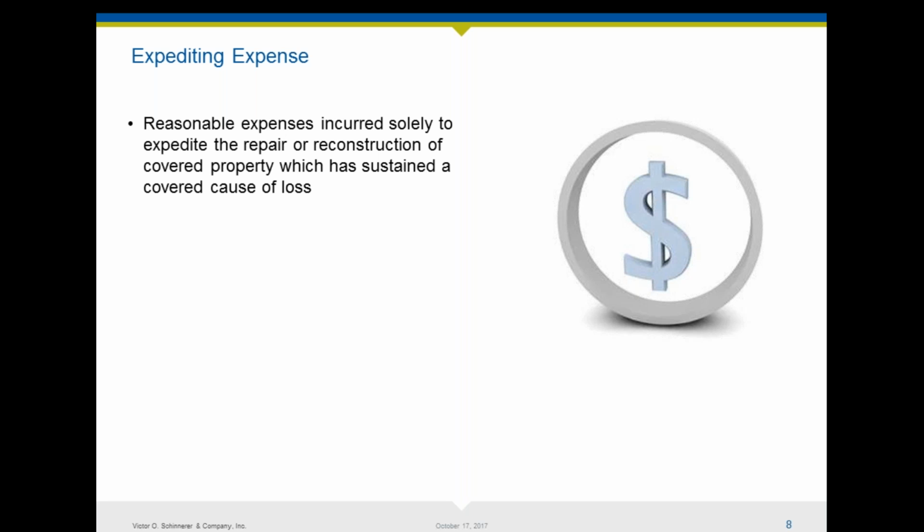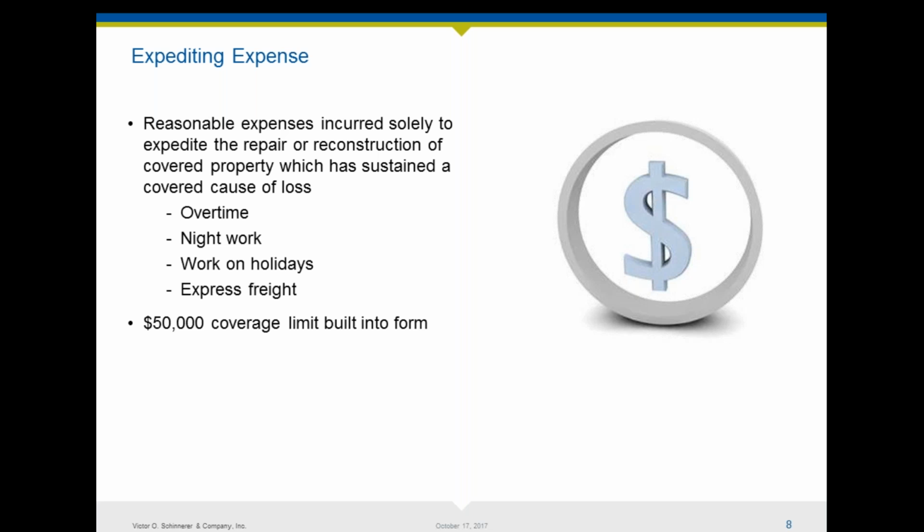So these are reasonable expenses, and these could include if the builder has to pay or the client has to pay overtime, shift change for night work, working on holidays, or getting the materials there by express freight. Anything that is within reason and it's incurred solely to expedite the repair or reconstruction of the covered property, there is a $50,000 limit built into our coverage form.